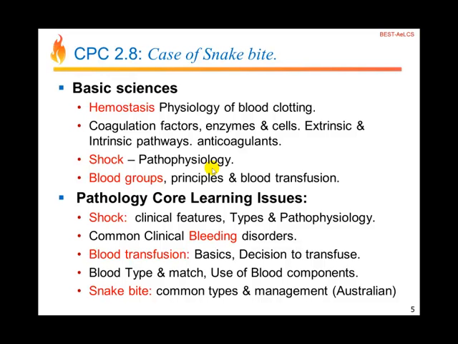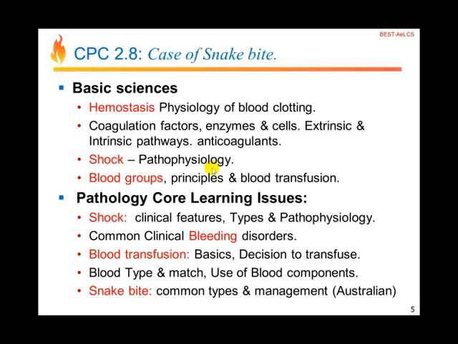In your clinical practice, the most common is thrombocytopenia, decreased platelets. Next come the coagulation disorders, bleeding due to deficiency of coagulation factors or anticoagulants. Blood transfusion: the basics, cross-matching, and how to transfuse.